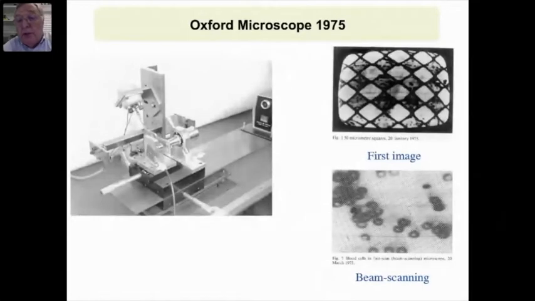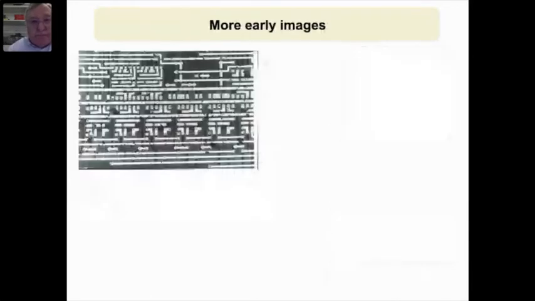And also I show some fairly poor but still early images from the mid-1970s. The optical system you see in the photograph is absolutely awful, but it still worked up to a point.